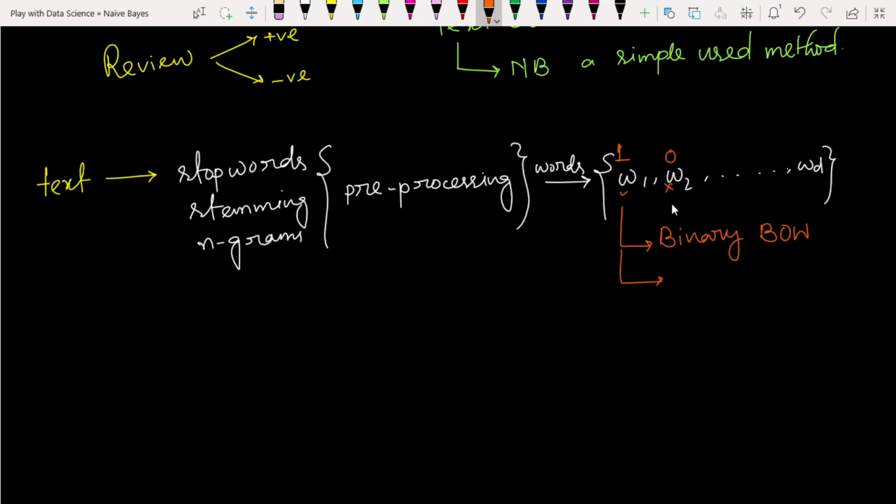Suppose a word like "happy" is the most frequent word and it comes 4 times in a text. Instead of using 4, I am using 1. So we are not taking the count of occurrences here.